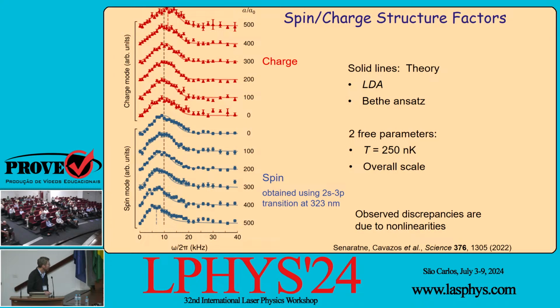These observed discrepancies, primarily this one, but also in here, are due to nonlinearities. And with nonlinearities, the linear liquid theory is no longer exactly solvable as it would be in a precisely linear geometry.